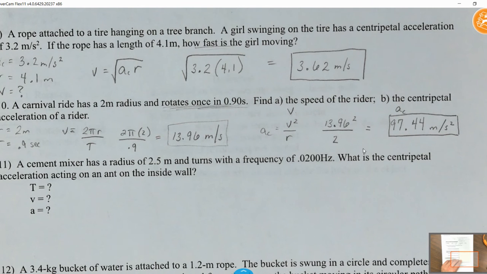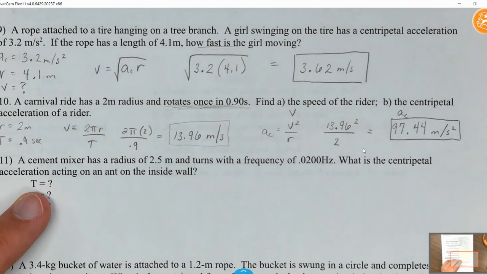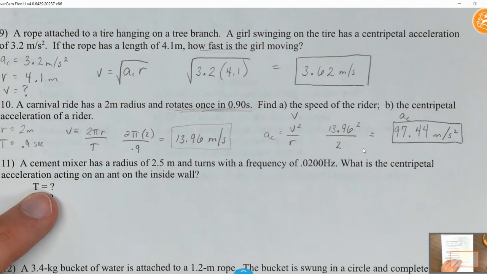So in this, I asked it to be done a specific kind of way. A cement mixer that has a radius of 2.5 meters and turns at a frequency of 0.02 hertz. They want to know what the centripetal acceleration is. Well, first thing I asked for was the period.